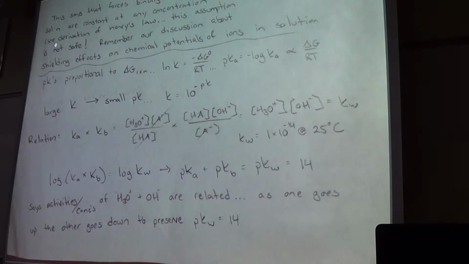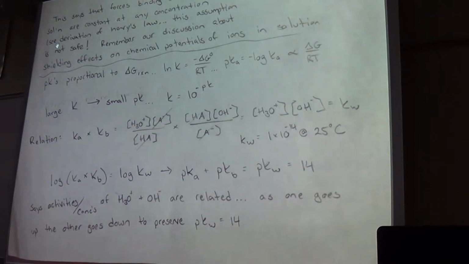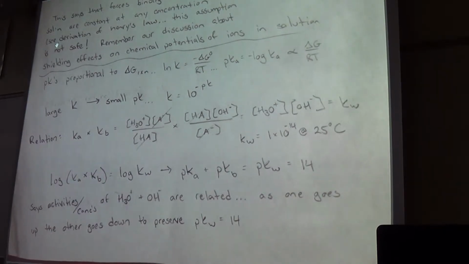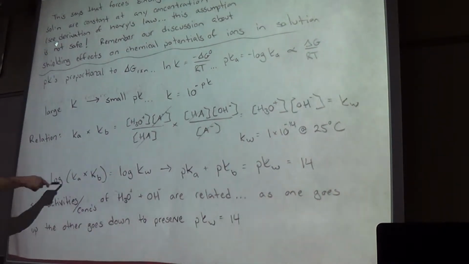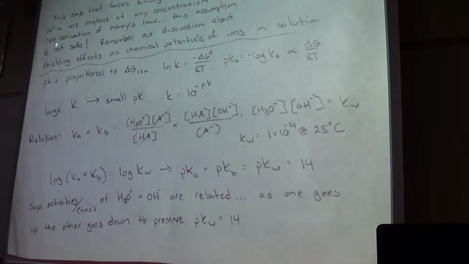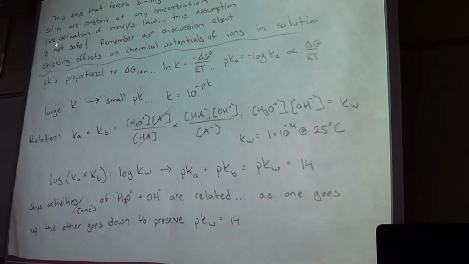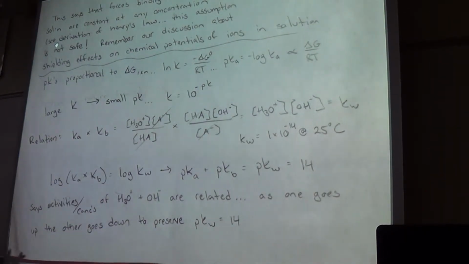And the K value for water, the dissociation constant for water at 25 degrees Celsius, is 1 times 10 to the negative 14. So if you take the log of both sides, log Kw is equal to log Ka times Kb. So that means that pKa plus pKb is pKw, which is equal to 14. And so if we have a pKa for an acid, or a pKb for a base, we can obtain the other pK by simply subtracting the value we have from 14.